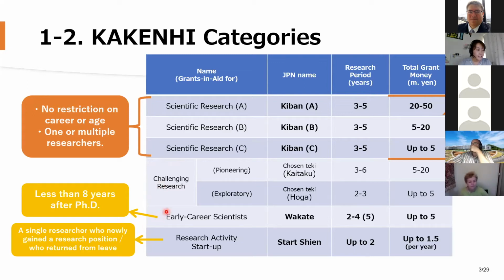And the second from the bottom is for early career researchers, which is called wakate in Japanese. For this grant, you should be less than 8 years after getting a PhD.